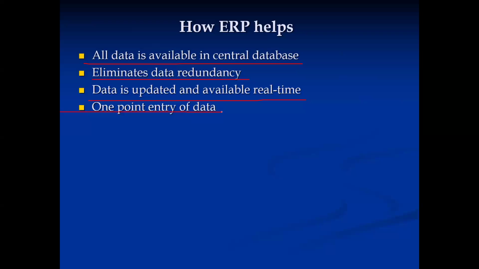That is the meaning and impact of one point entry of data. It's not necessary to enter the purchase invoice in the purchase department and also the accounts department. It's enough to enter the purchase invoice in the purchase department. It will post accounting entries automatically in the accounts department. That's the meaning of one point entry of data.